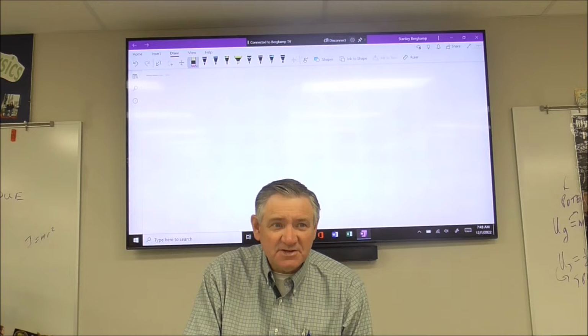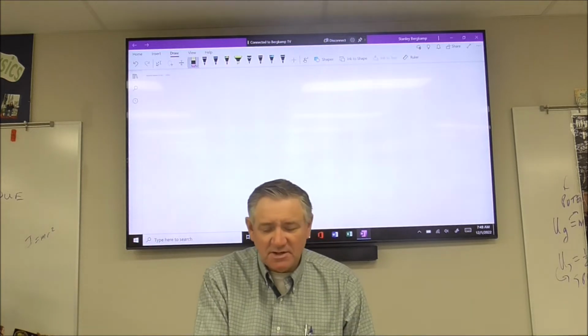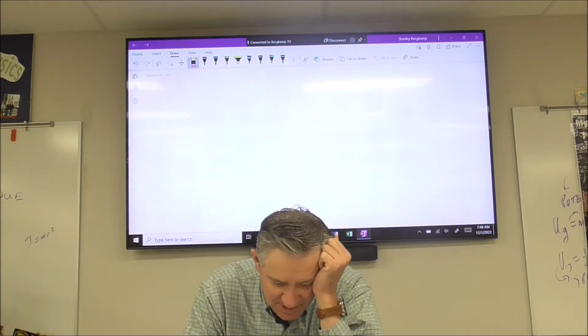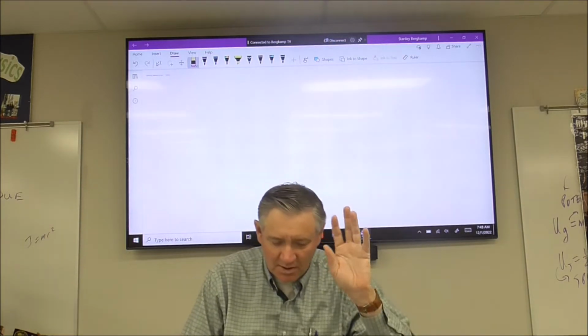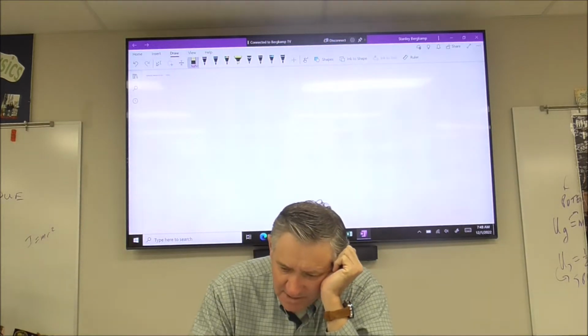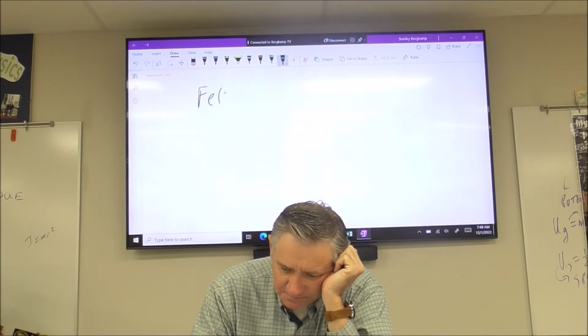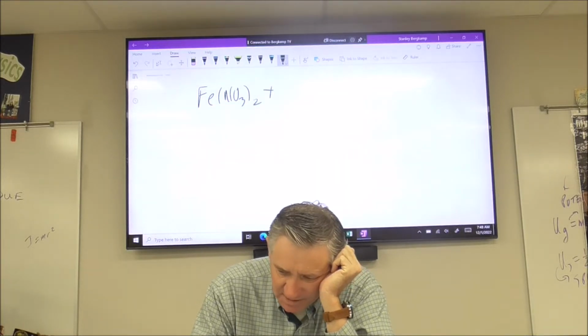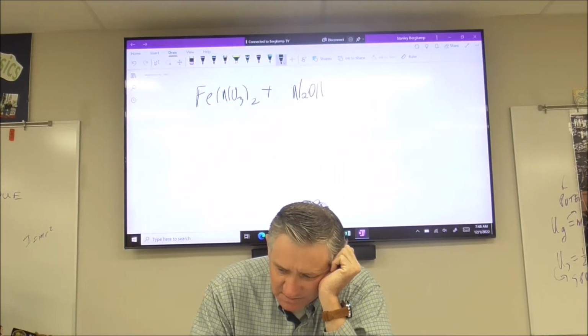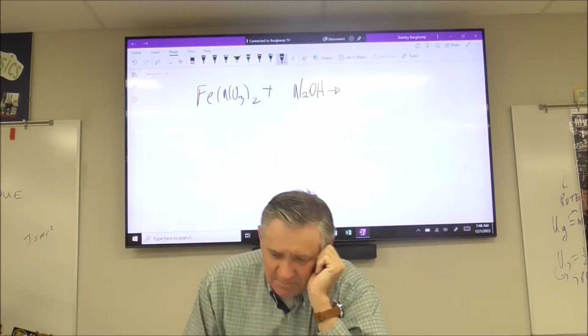Because if you don't, here's the difference. Let's say for example, on number 3 on this lab, you reacted iron 3 nitrate with sodium hydroxide. So let's start with this one, because this is one that's a little bit more complex.